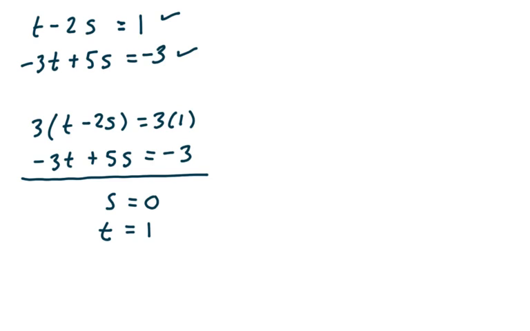That's going to eliminate t. And when I eliminate t and solve for s, I get s equals 0. And if I plug s equals 0 in and solve for t, I get t minus 2 times 0 equals 1. And so what that tells me is t equals 1.